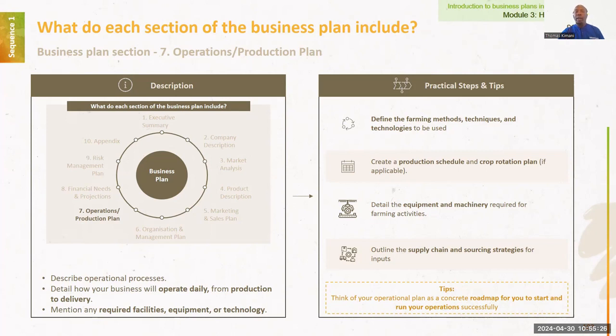You can be looking to get some seeds from a certain company. So you have to time it well when the seeds are available, when the seedlings are available, because some of these things are available seasonally. You have to really plan that into your production. You don't want to have all these employees on site and you can't get seedlings. What will they do for the next 3-4 months? And the basics do not work.